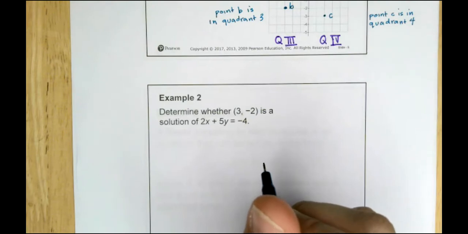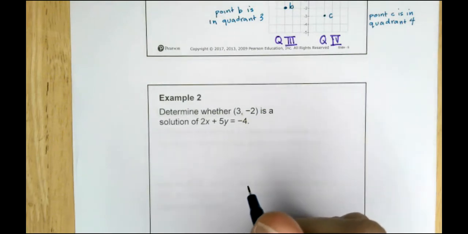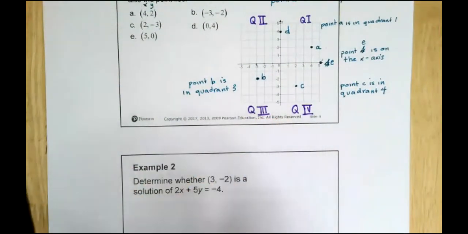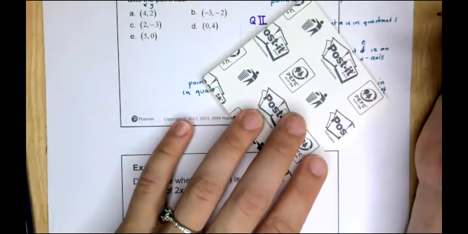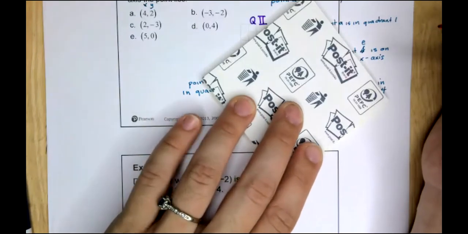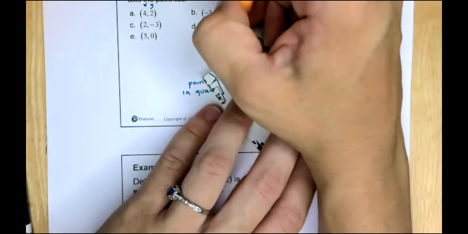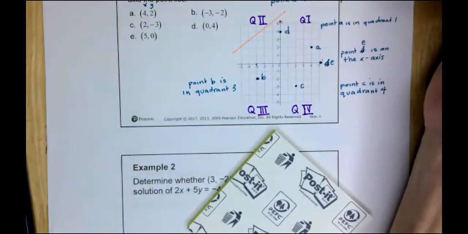Okay? So when we graph, what we are doing is we are connecting points in a line. A line is a series of points.